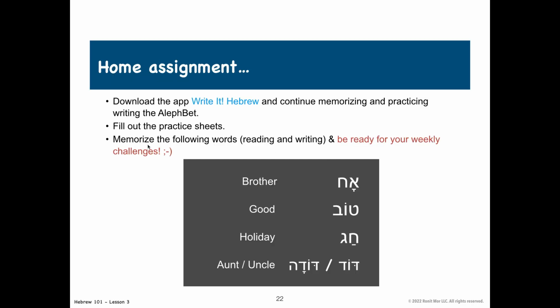Okay, great. So the home assignment before we hang up. Again, if you haven't downloaded that app, load it and keep practicing with it. I already recommended to you to create flashcards. This is the best way. Believe me, when I arrived in the US many years ago, I had a very, very meager vocabulary.